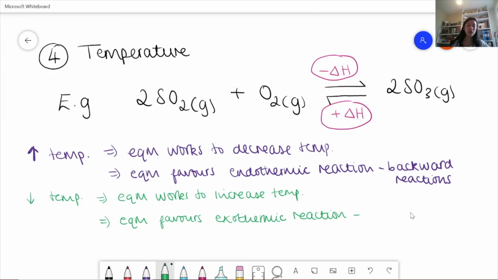And so for this example, the forward reaction is favoured. And we say that when the equilibrium favours the back reaction, for example, for increasing the temperature, we say that the equilibrium shifts to the left. And for decreasing the temperature, we say that the equilibrium shifts to the right.